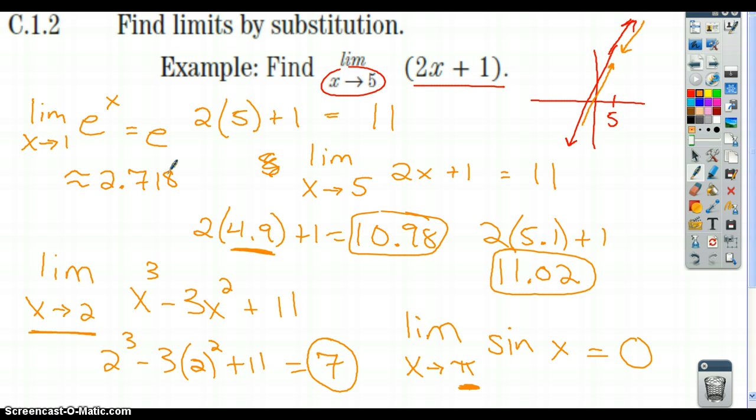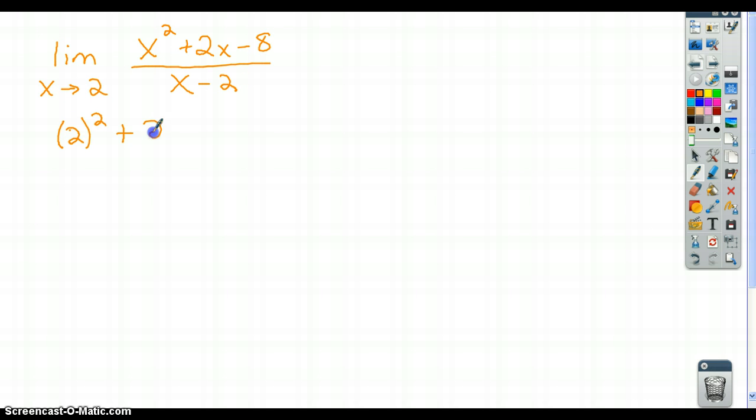Most of the time substitution is just fine. However, going back to the function from the first example, x squared plus 2x minus 8, all divided by x minus 2. When we substitute 2, it doesn't really matter what we get in the numerator, because in the bottom we get 0.